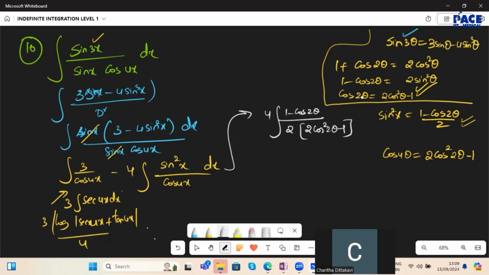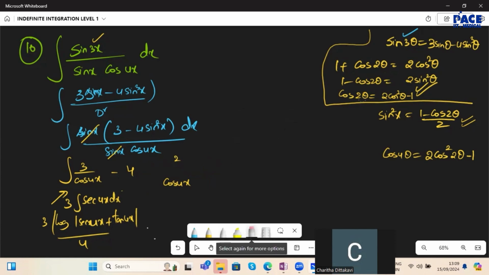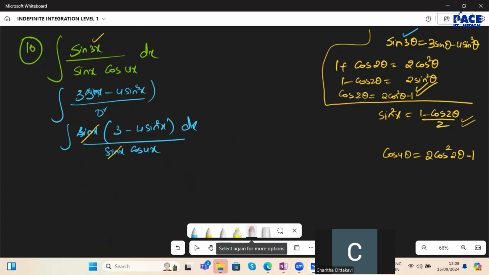Or else why can't we do it in the beginning itself? 3 minus 4 sin square theta, there we will be replacing. Right. So there itself we will be replacing, just a small correction. Yeah, because when we tried this way, we are ending up with no result there. Okay, right. So here itself, sin square x itself, I am going to replace with (1 minus cos 2 theta) by 2.